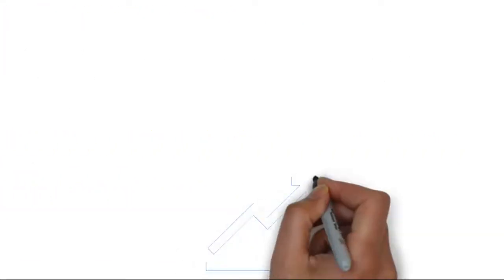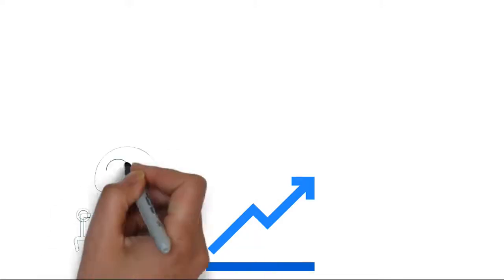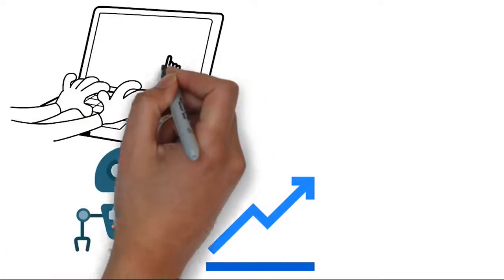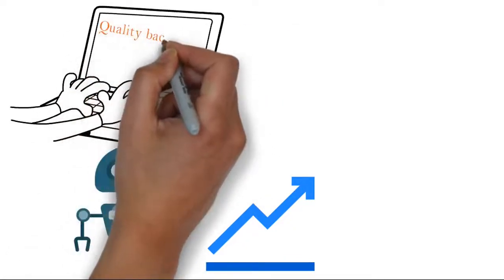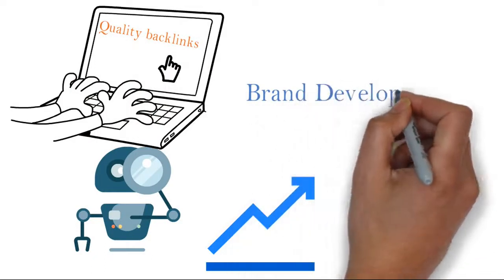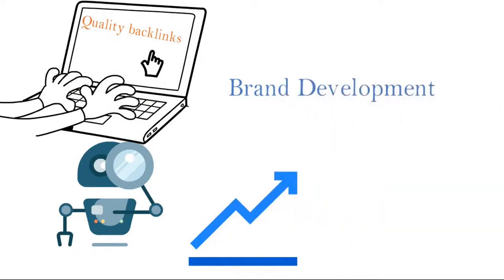Off-page SEO is considered to have a great influence on the ranking of the site, so it is logical that a lot of attention is focused on these activities. You should pay the utmost attention to getting as many quality backlinks to your site as possible, and there are other activities that can contribute to your brand development.